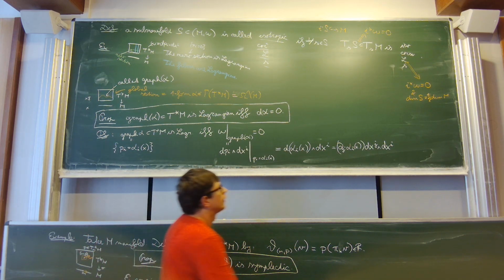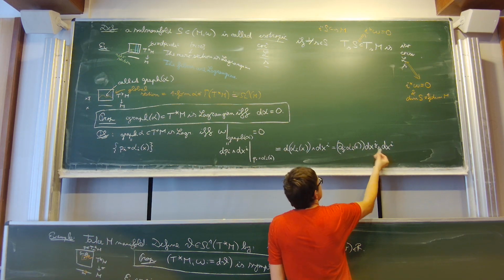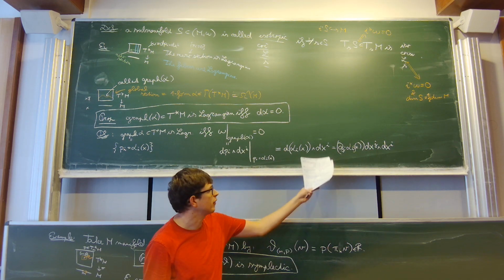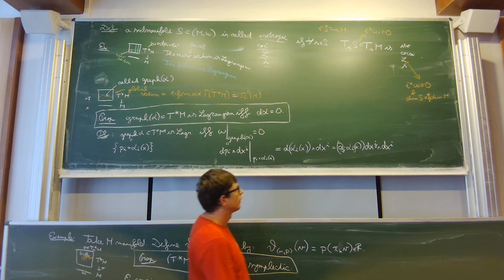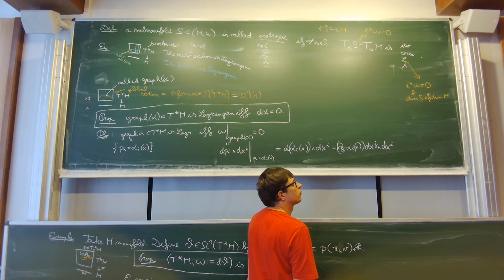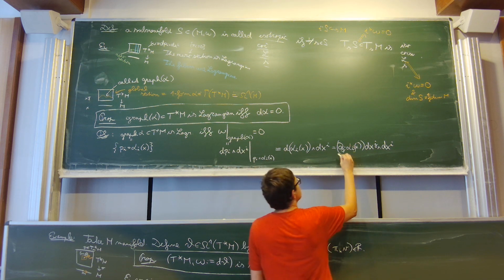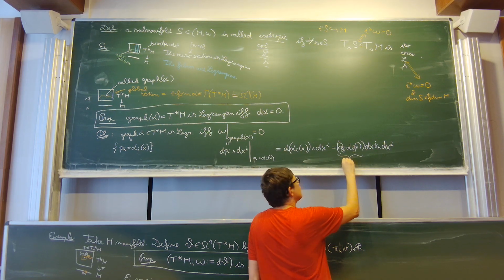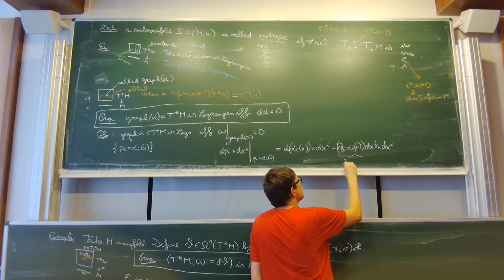And because the wedge product is antisymmetric, essentially you can put the antisymmetrization in here, and you see that the vanishing of this is precisely the vanishing of d alpha. This is maybe up to a coefficient which I missed.